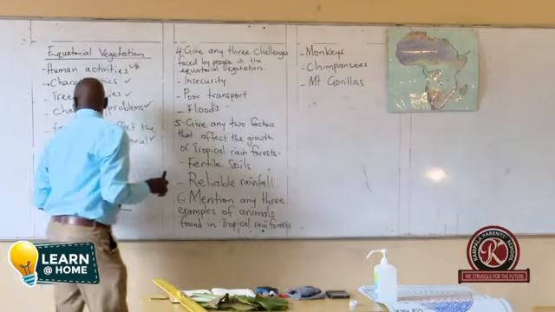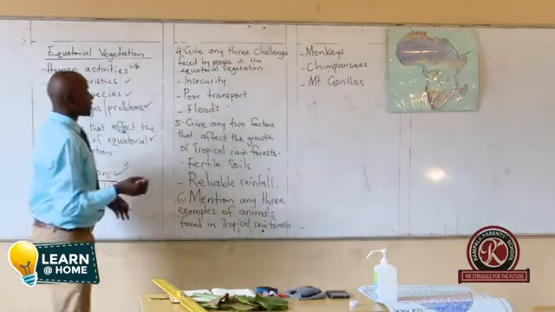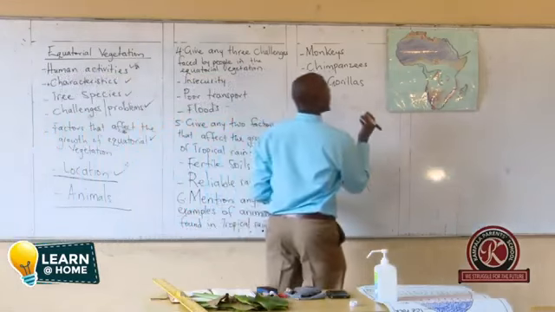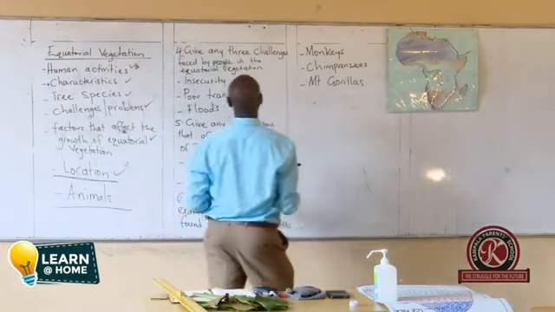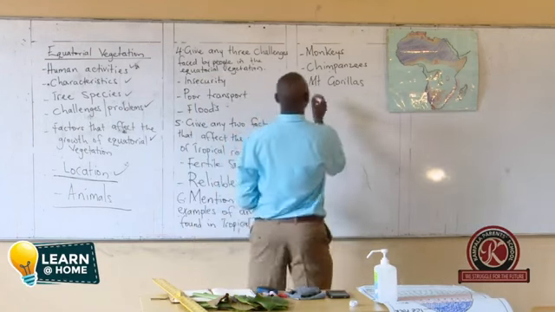So, last we shall have the question about the location of equatorial region, and this is number 7.